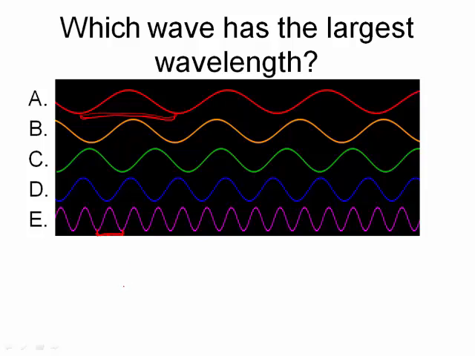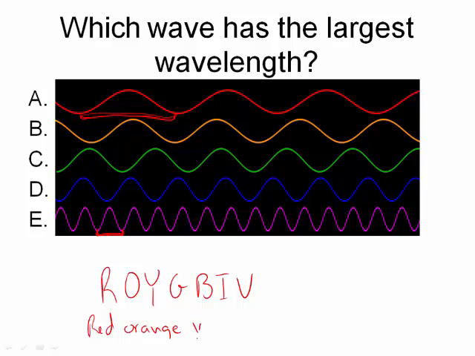We also, looking at our electromagnetic spectrum, can see that, if you remember, Roy G. Biv, so this would be red, orange, yellow, green, blue, indigo, and violet.